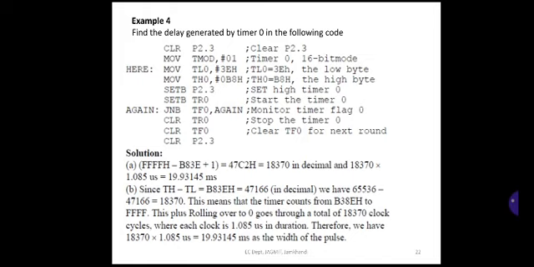This means that the timer counts from B83E to FFFF, then rolls over to 0, going through a total of 18,370 clock cycles, where each clock cycle requires 1.085 microseconds. Therefore we have 18,370 times 1.085 microseconds, a total of 19.93145 milliseconds, which is the width of the pulse.